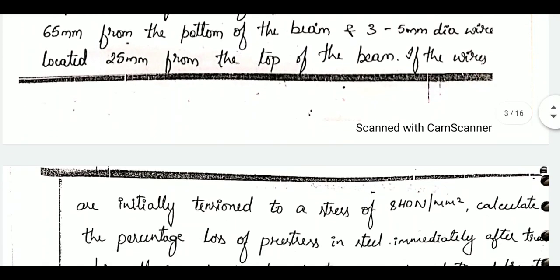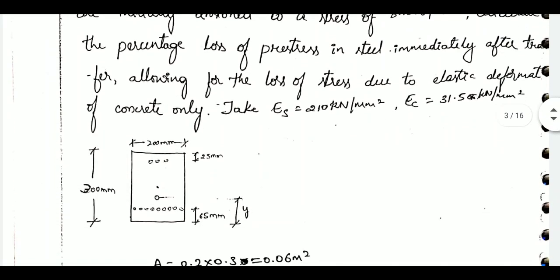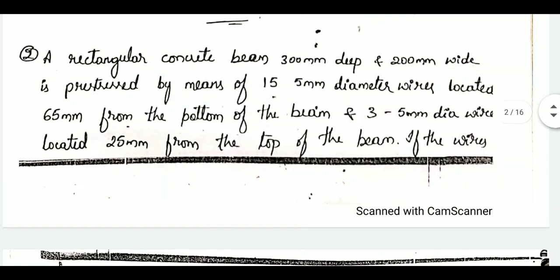So here we are having the cross section of the beam, and read the question carefully. He is given 15 number of 5 mm diameter wires located at 65 mm from the bottom of the beam.